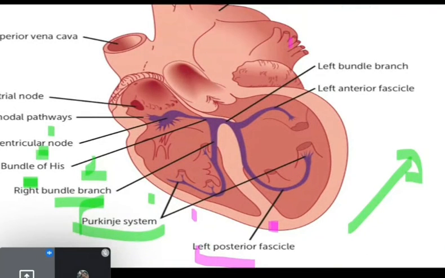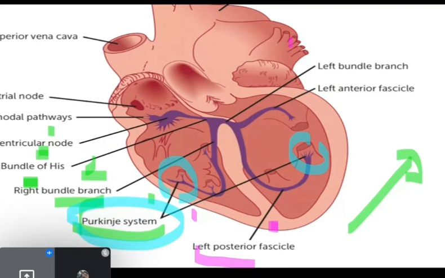So it makes sense that the Purkinje system, which is in the myocardial muscle itself, is the fastest, because it needs to spread the action potential at the same time so the muscles can contract at the same time.